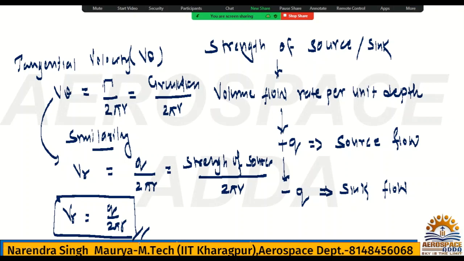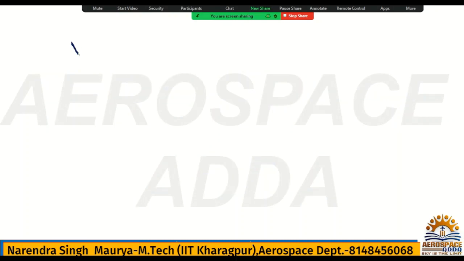Concentrate here, it's a very interesting thing. Go through it properly one time, and next time you will understand. It's very easy. Radial velocity is nothing but strength of source Q divided by 2 pi r.